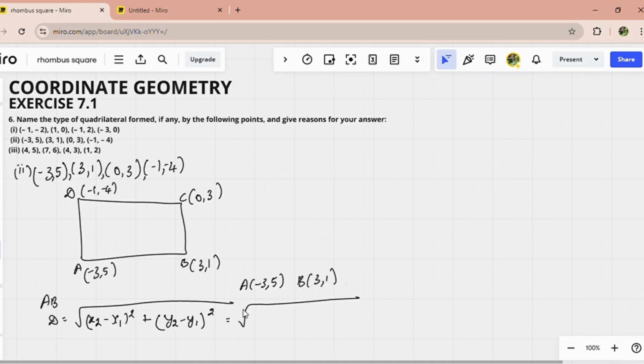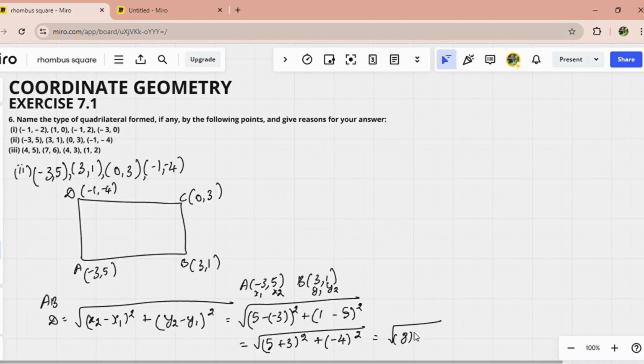In this you have to take x1, y1 for A and x2, y2 for B. So x2 minus x1 is 3 minus minus 3, the whole square, plus y2 minus y1 is 1 minus 5, the whole square, which equals root of 6 square plus minus 4 square, which equals root of 36 plus 16, which is equal to root of 52.